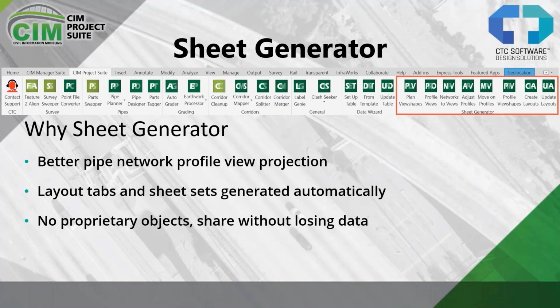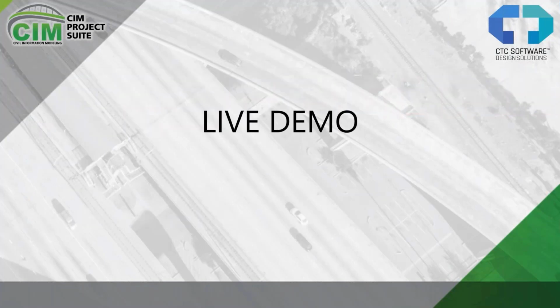And again, with all of our tools, we don't use any proprietary objects. You can share without losing any data at all across any other Civil 3D users. So with that, let's take a look at our drawing.